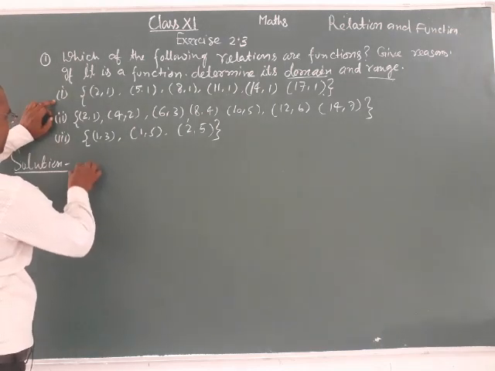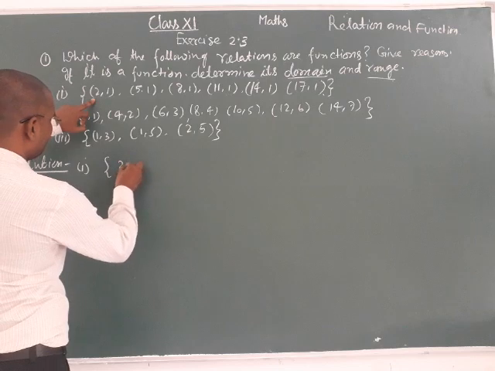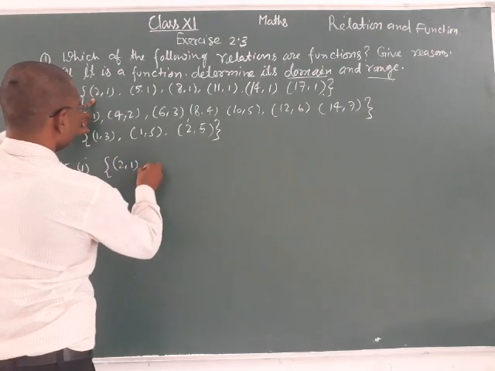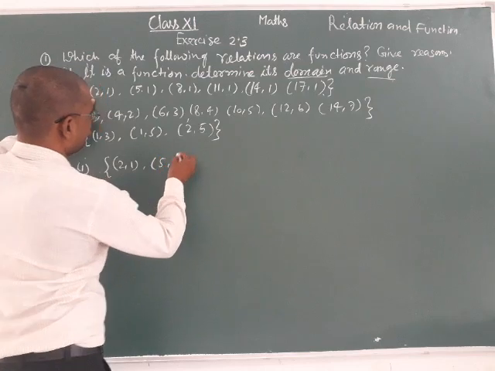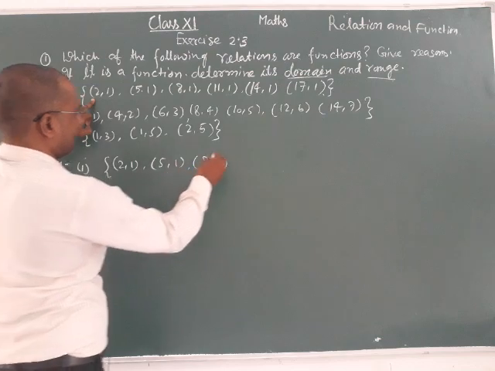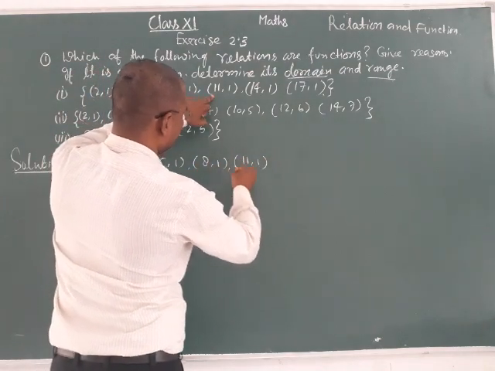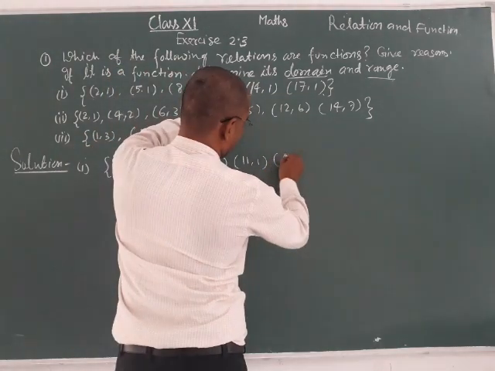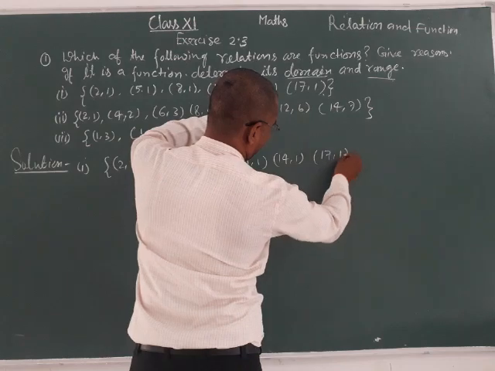Part 1. Given ordered pairs (2, 1), (5, 1), (8, 1), (11, 1), (14, 1), (17, 1).